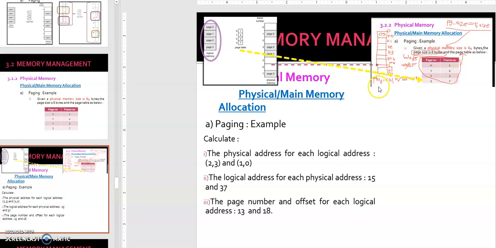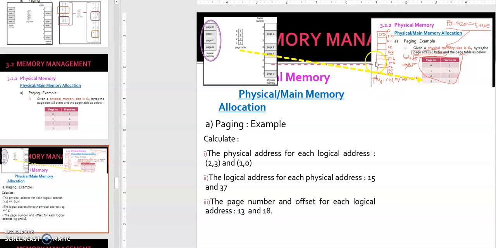We have drawn our frames of physical memory, and divided it into 8 frames: 64 divided by 8 gives 8 frames, starting with frame 0, F0, F1, F2, and so on until F7. That is your physical memory.